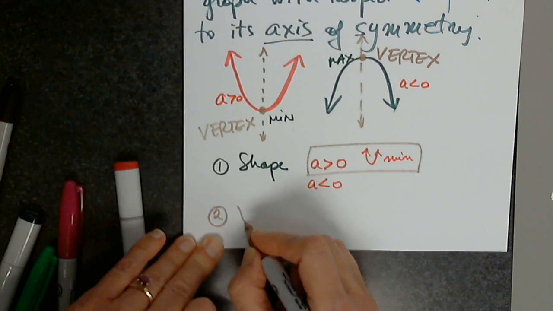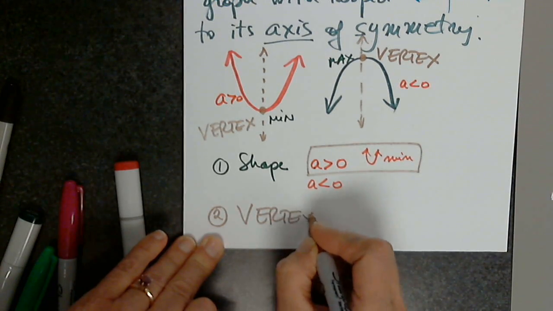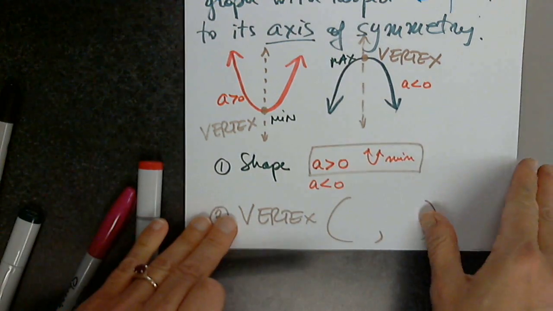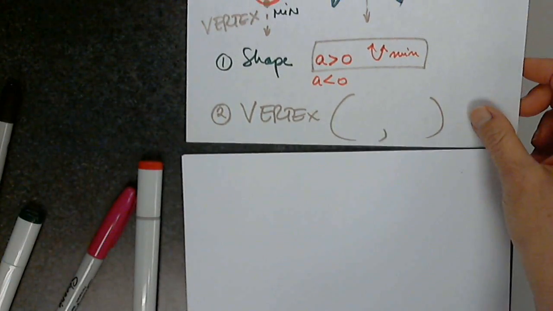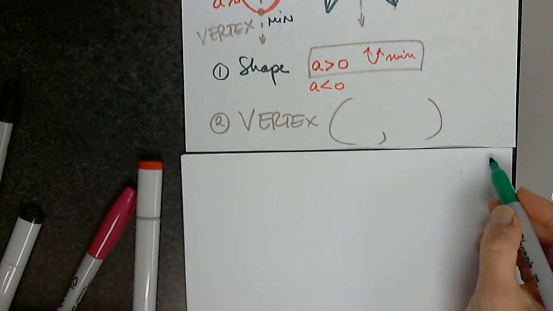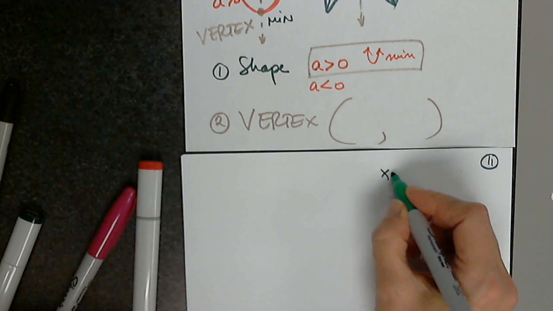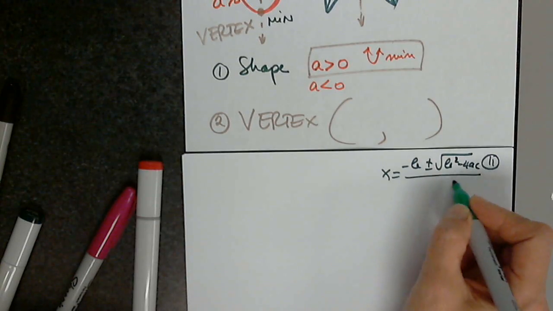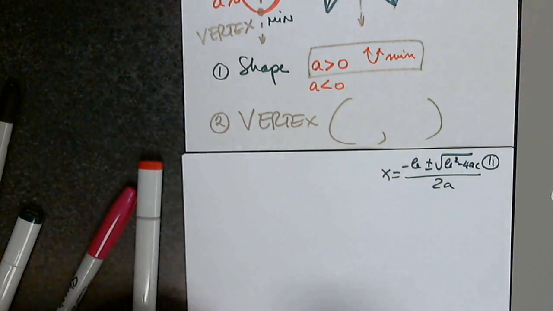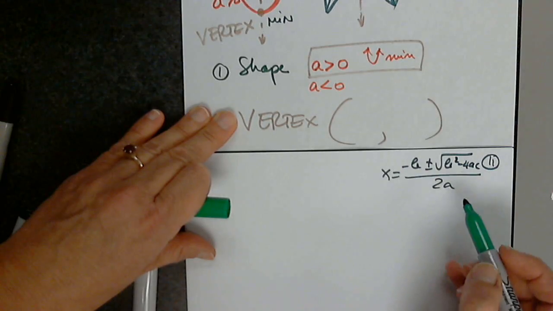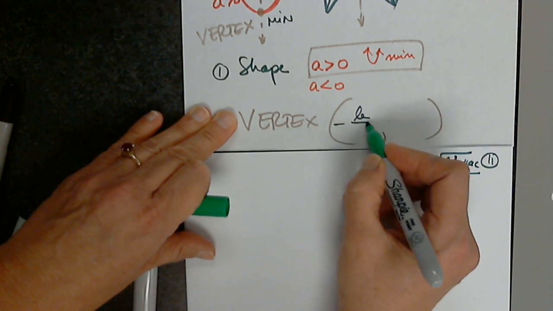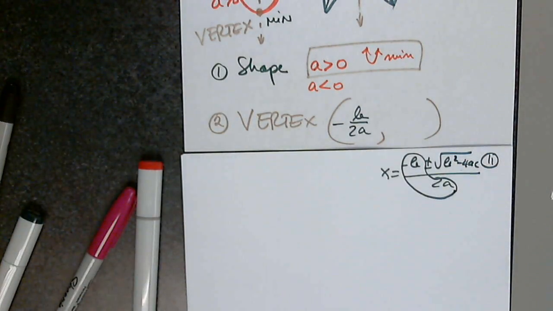Step number 2, the vertex. Here are the coordinates of the vertex. The x coordinate of the vertex is very easy to remember. I'm going to put on the side the quadratic formula. So you can relate: the x coordinate of the vertex is negative b over 2a, from the quadratic formula.